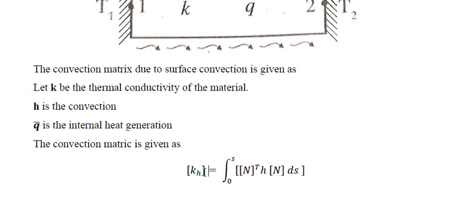Surface convection KH is given as the integration over the surface, where S means surface area. I have not written A, I have written S, which means surface area. KH is directly N transpose into convective heat transfer coefficient into N ds.